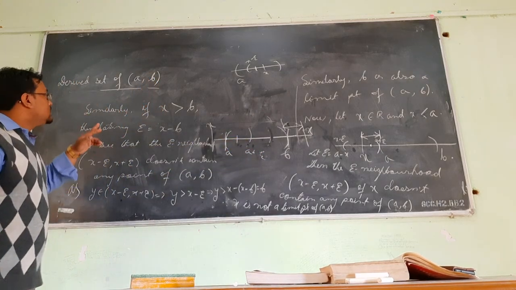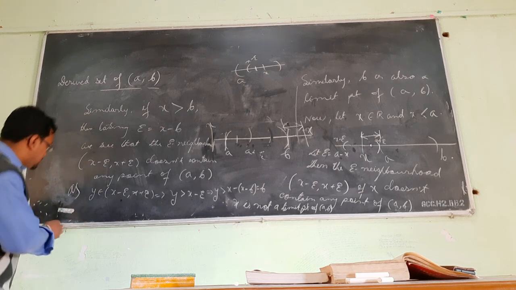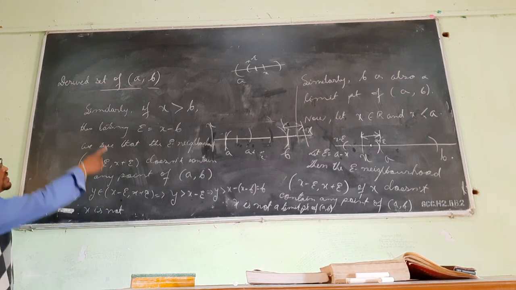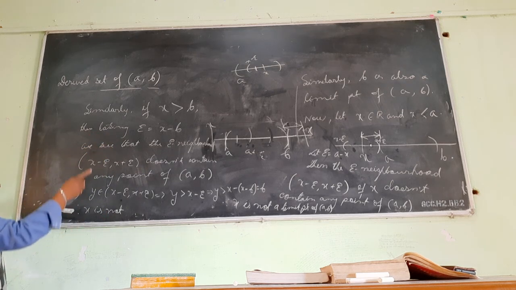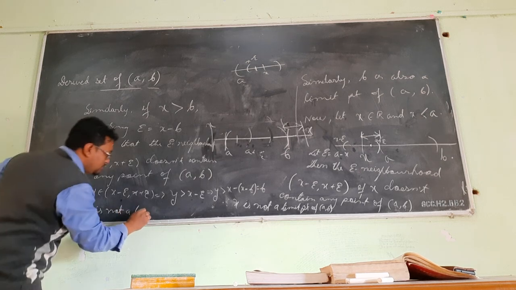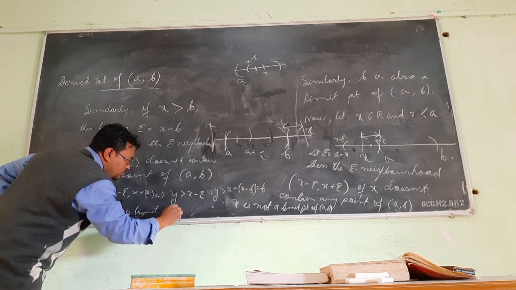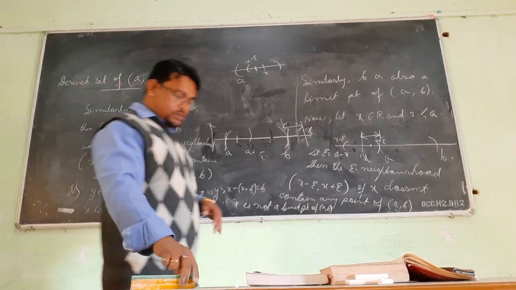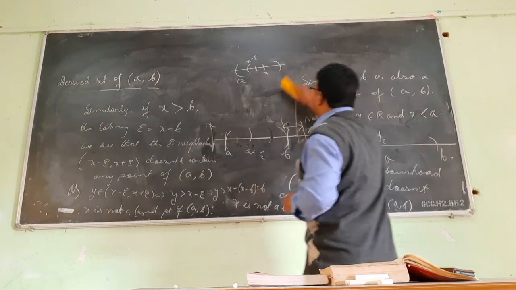So that means this x also cannot be a limit point. Therefore, x is not a limit point. So no number greater than b can be a limit point, and no number less than a can be a limit point of AB. So what are the only possible limit points? They are in the closed interval AB.